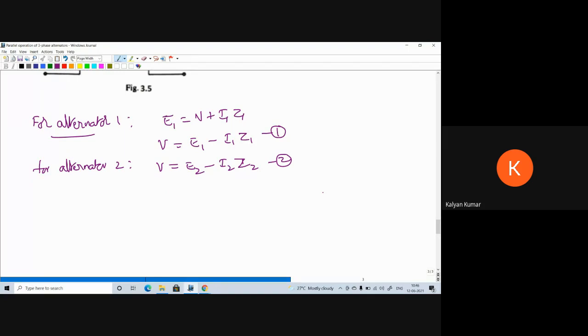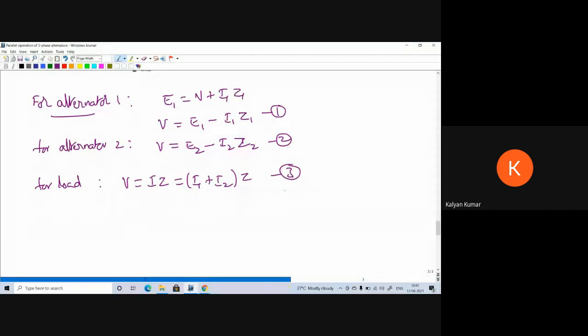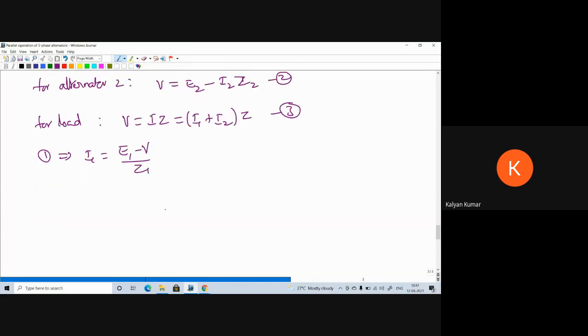Now for load, if you take the load voltage as V equal to I into Z, that equal to I1 plus I2 into Z. So let it be equation 3. Now from equation 1, we can write I1 equal to (E1 minus V) by Z1, and from equation 2 we can write I2 equal to (E2 minus V) by Z2.